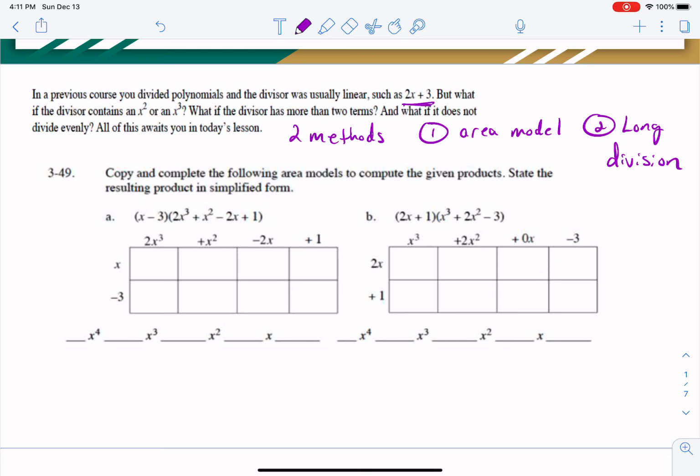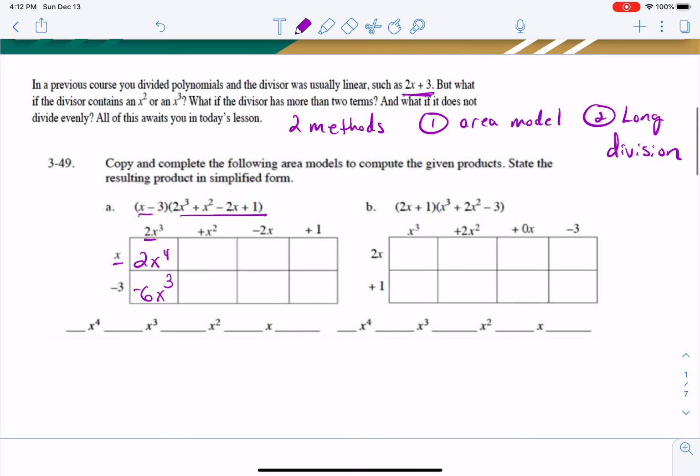So when we use an area model, using multiplication, I'm going to start by multiplying 2x cubed times x to get 2x to the fourth. 2x cubed times negative 3 is negative 6x cubed. And I'll continue to fill in my area model.